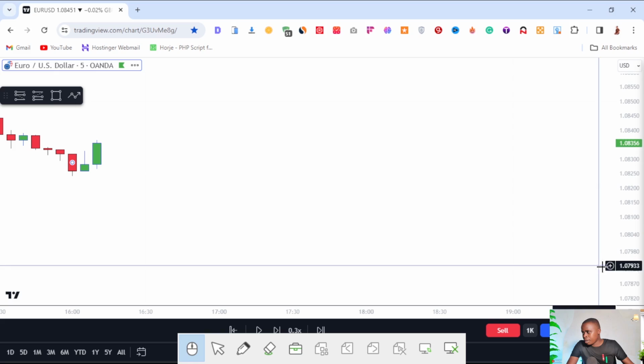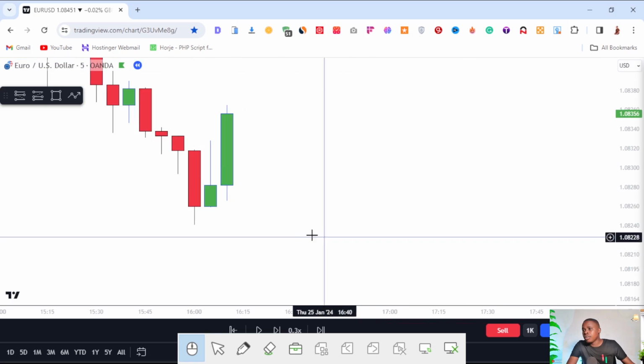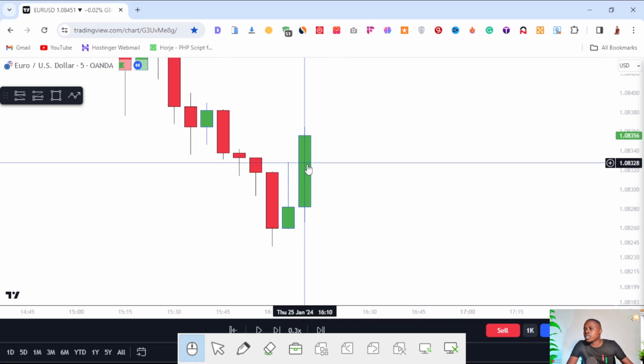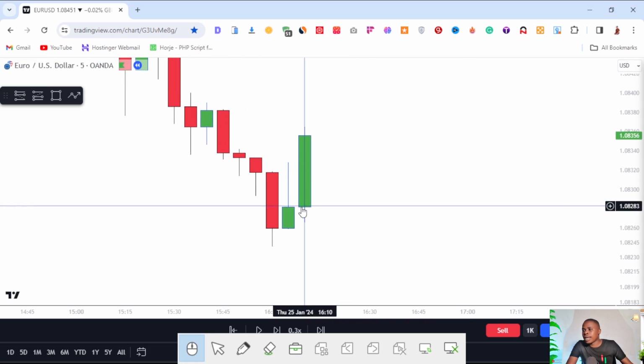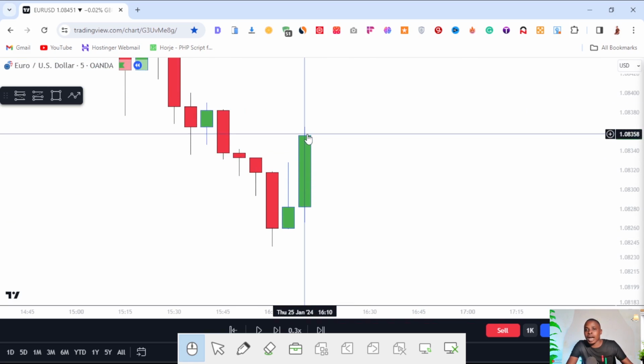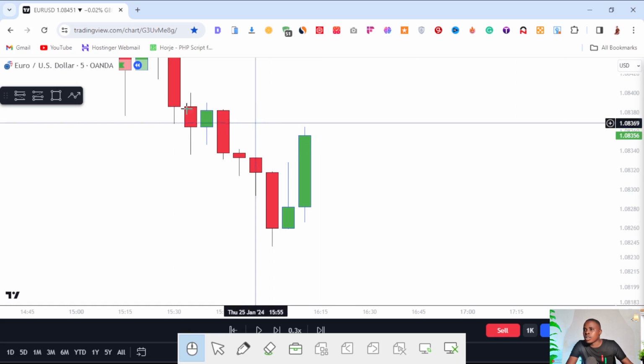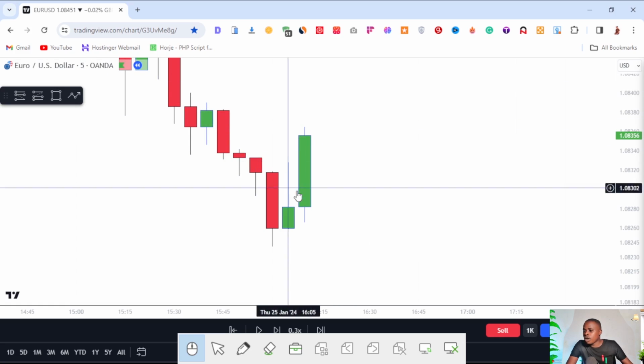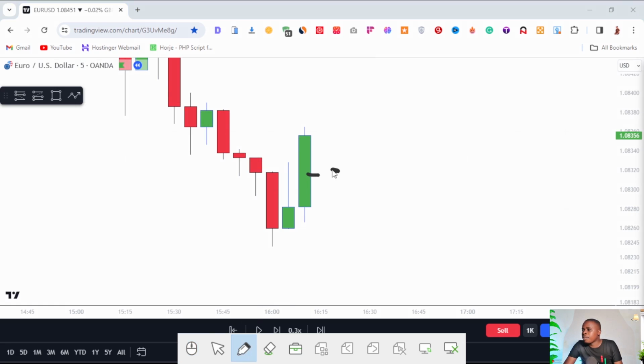And this is what I mean. So right now, if we look at the last candle that we got here, this market looks like it has been trying to move to the upside, at least for the last, so this is the 5-minute time frame. So at least for the last 10 minutes, because we have 5 minutes here, the market is pushing to the upside.